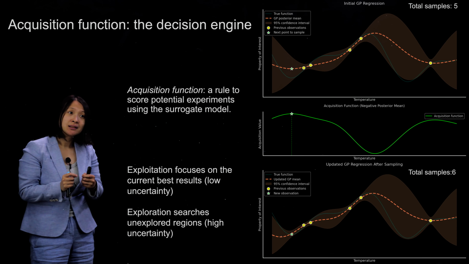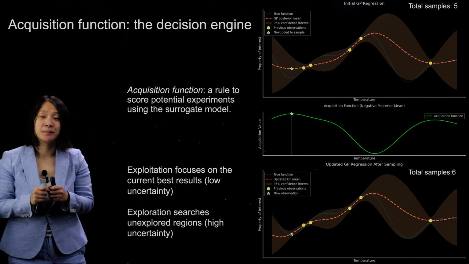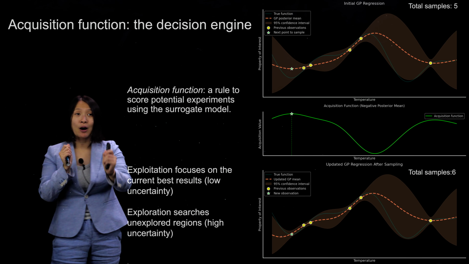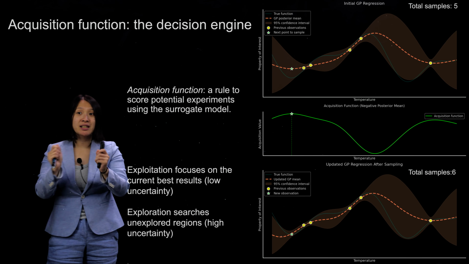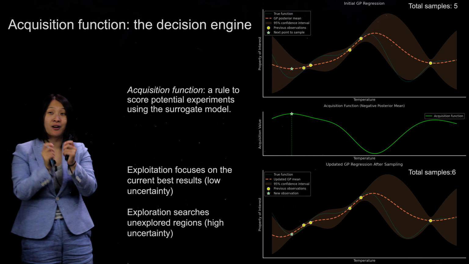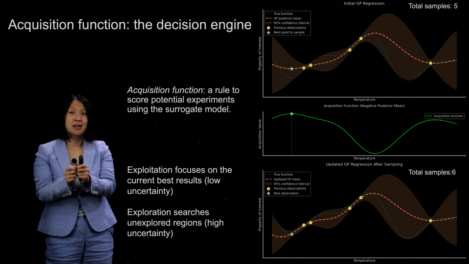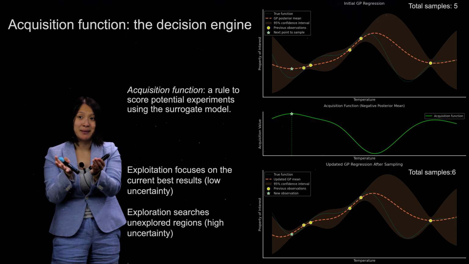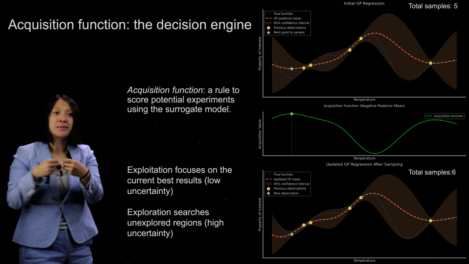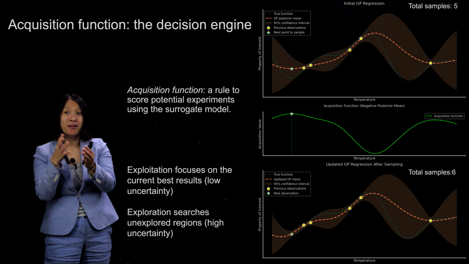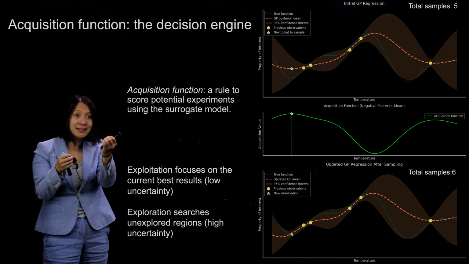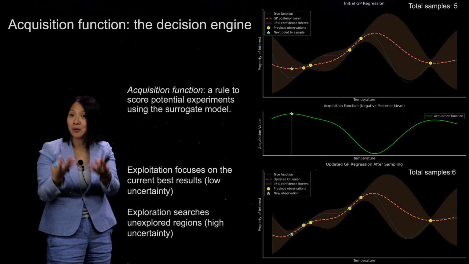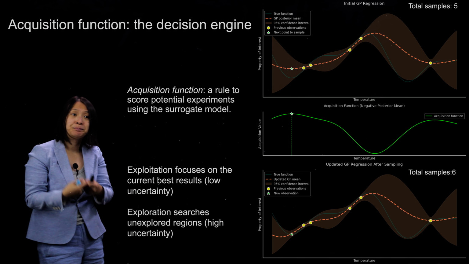Typically, when we are choosing which acquisition function to use, we would consider exploitation, which is to focus on the current best results. If we already have a region in our parameter space that shows pretty good results, we may want to just sample around it, because it is close to our best results.